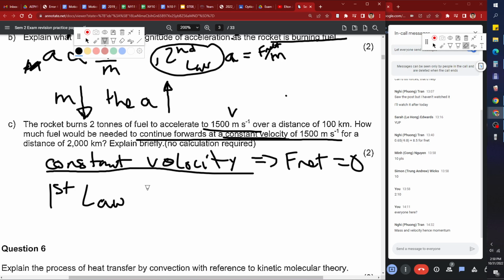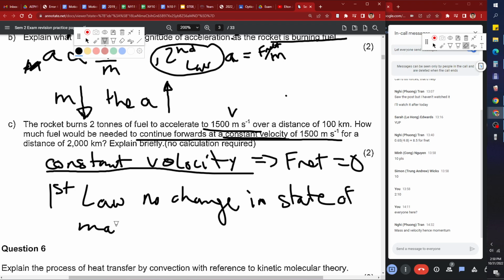So no change in state of motion unless an unbalanced force, a net force, acts on it.